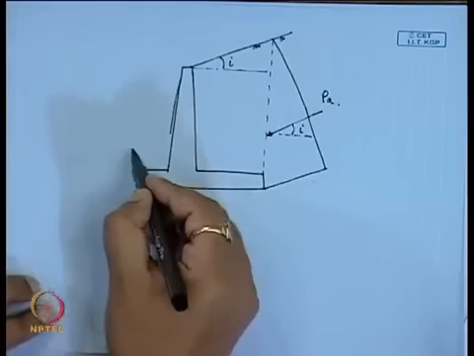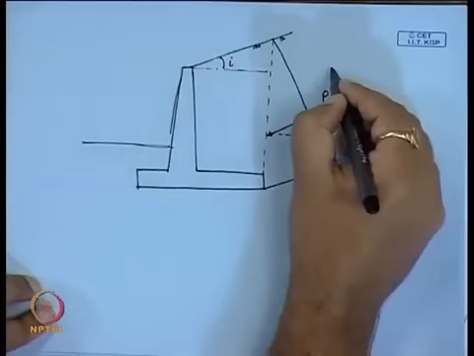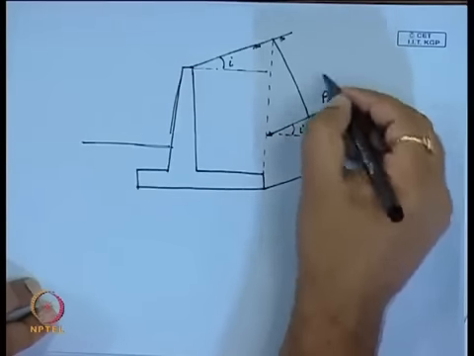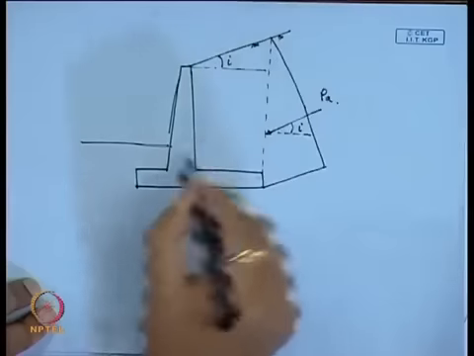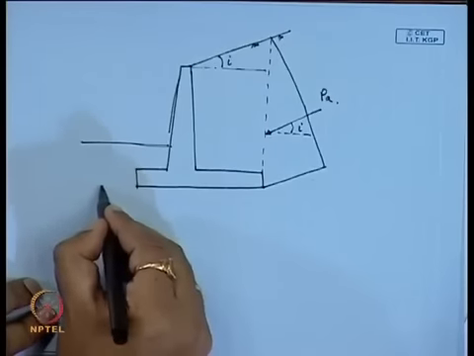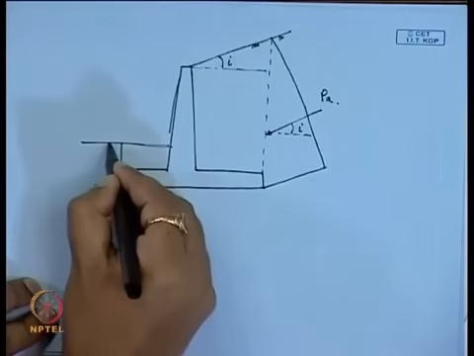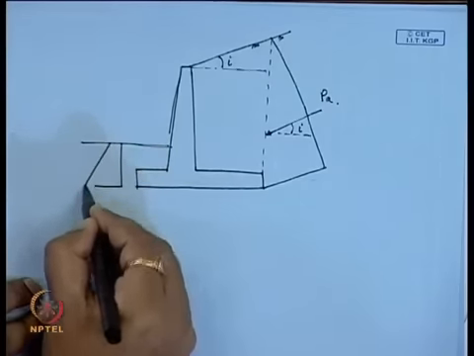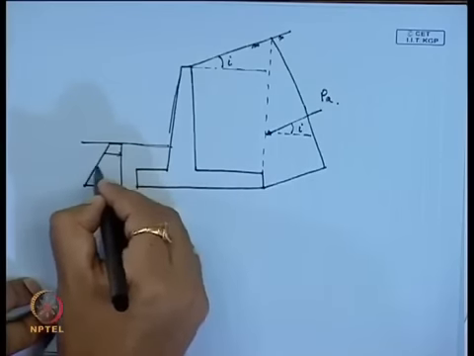Generally the backfill soil is a phi type of soil, that means cohesion is not considered, and if it is a base soil, a C phi type of soil, then we will get this type of distribution of the soil pressure.